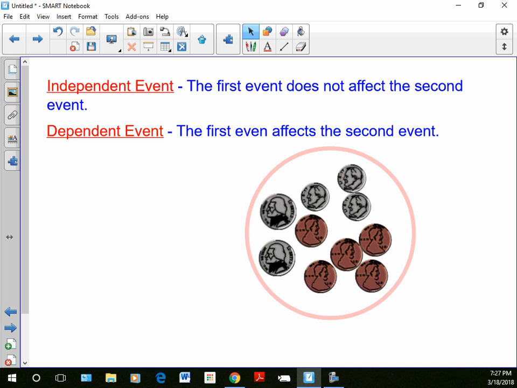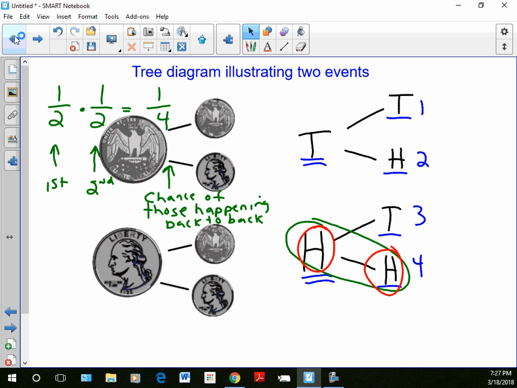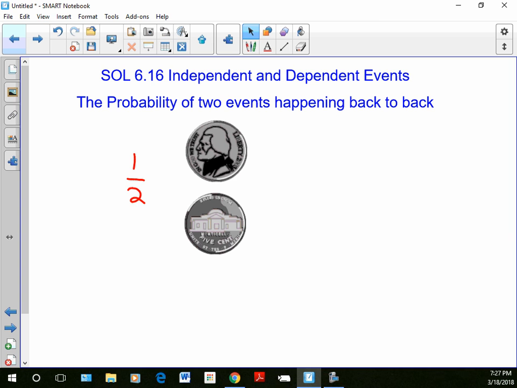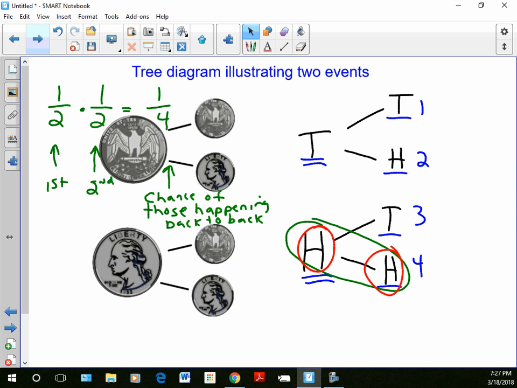So let's do a real quick review. All right? Started off talking about independent, dependent events. And I started out by saying, what is the probability of a coin being flipped twice and landing on heads twice?